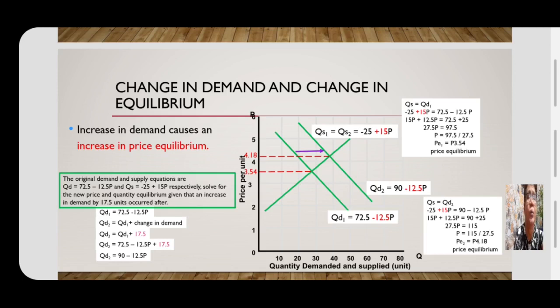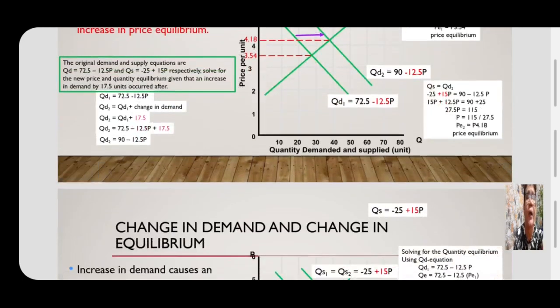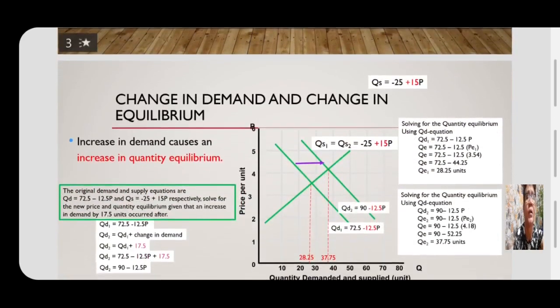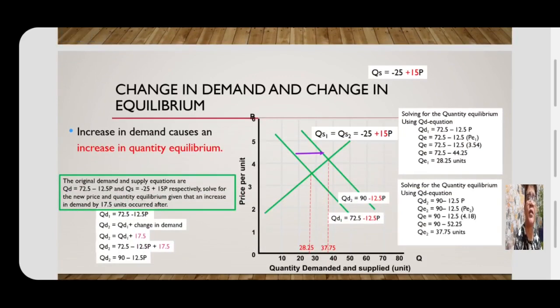Let us now move to the next slide, and in this next slide we have this problem statement. In fact, we use the same problem. What we are just doing is emphasizing the effect of the increase in demand on quantity equilibrium.